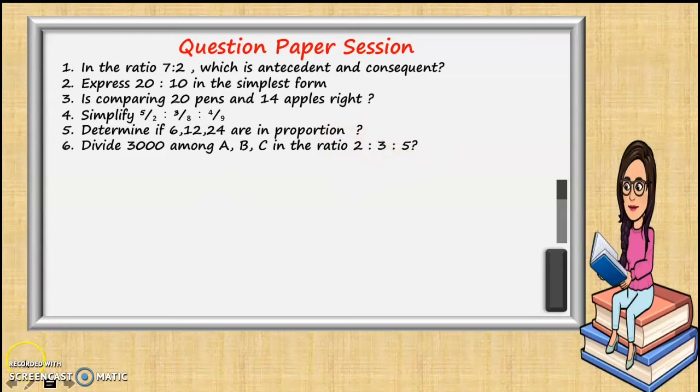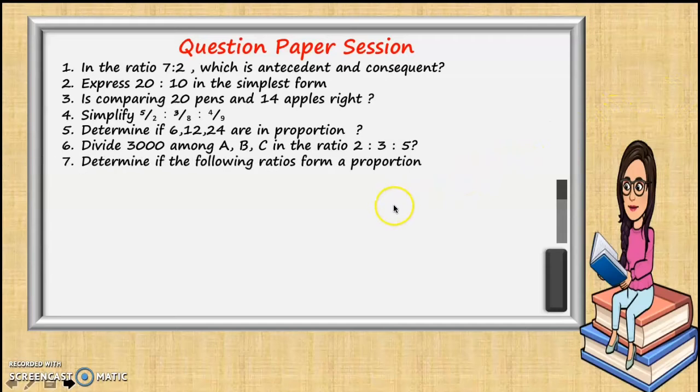That means 2x plus 3x plus 5x should be equal to 3000. So you add all the x's, that will be 10x, and 10x should be equal to 3000. Then it's easy to find the value of x. Then substitute the value of x in the provided equation and you will get your answer.